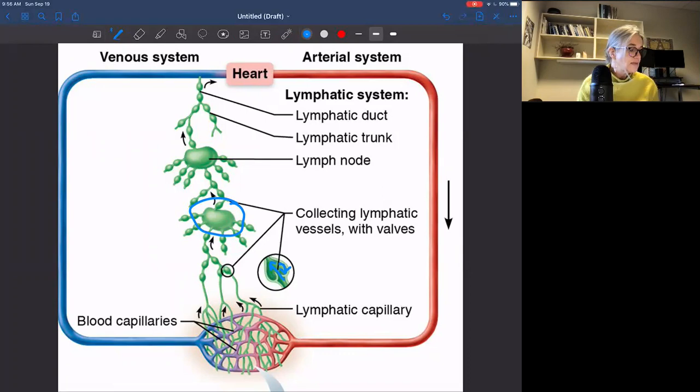And these lymph nodes contain immune cells, specifically white blood cells that we're going to talk about later when we talk about the immune system. But these white blood cells are going to detect any foreign stuff, and it is going to fight it off. Now you'll notice that it then comes up here and goes into the venous system. So it is going to go up in the venous system in the neck.